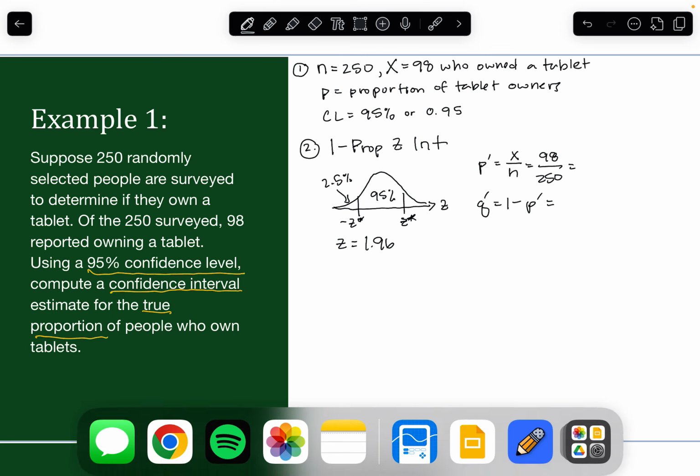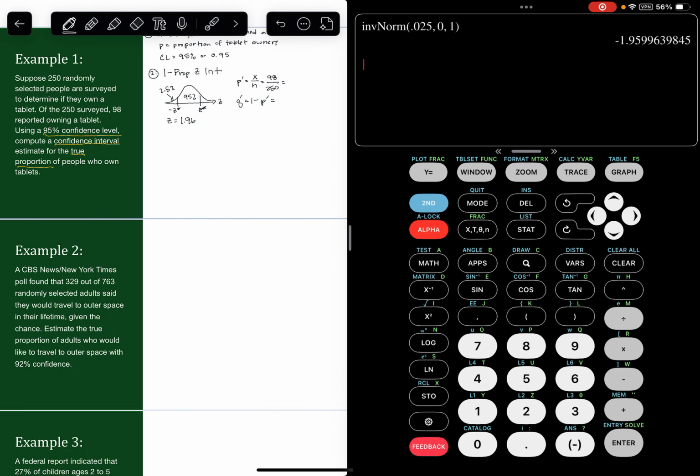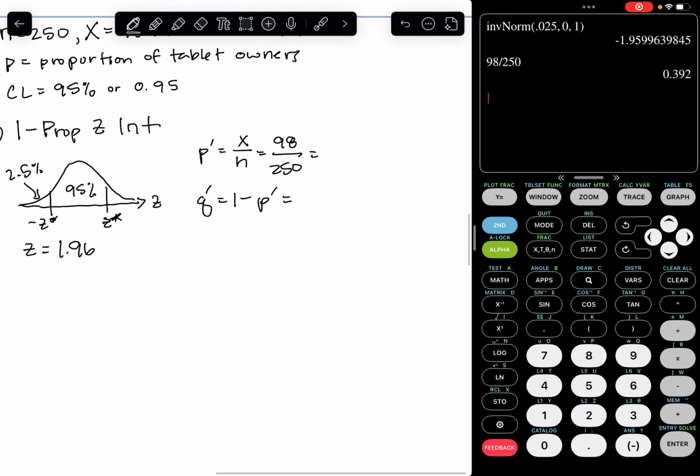So we'll pull back up our calculator and we'll do that math really quick. So 98 divided by 250, and we get 0.392. And 1 minus that answer is 0.608.